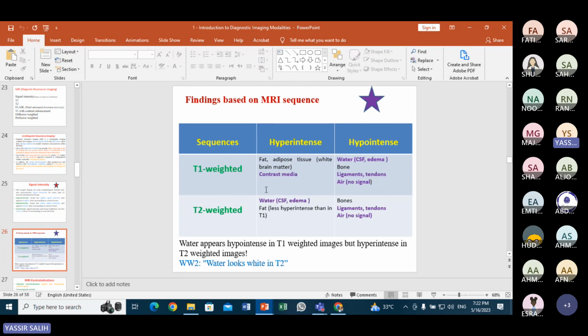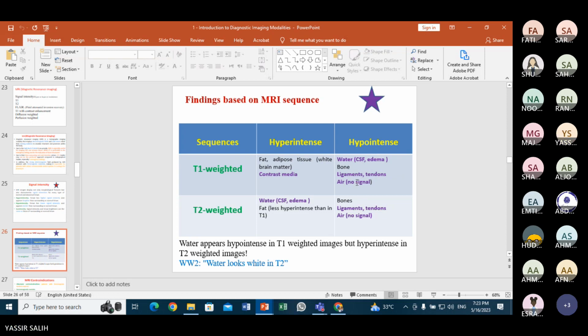This is the basic. Sometimes these things you should always know, they are basics for you. For example, any fluid, CSF, water, urine, any fluid appears hypointense in T1 and hyperintense in T2. Then ligaments and tendons appear hypointense in T1 and hypointense also in T2.